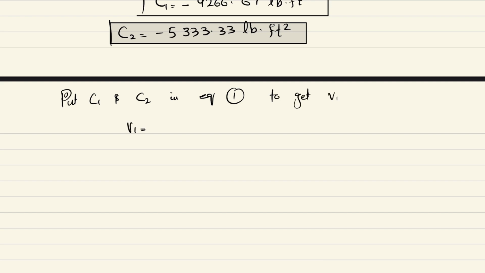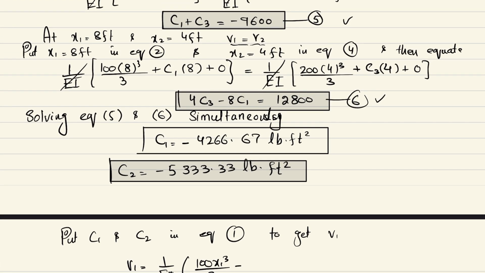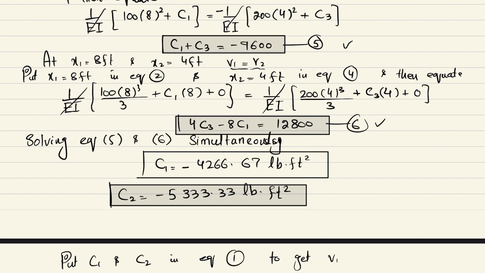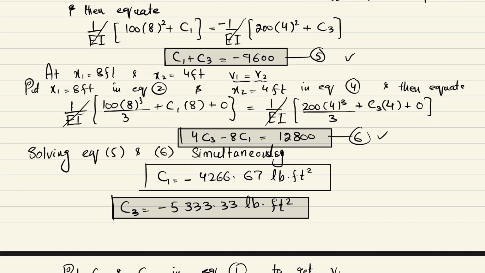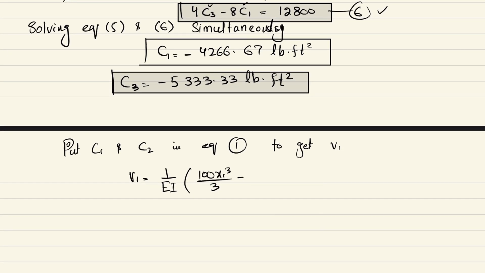So V1 will be equal to 1 over EI into 100 x1 cube over 3 minus, because you can see equation 5 and 6 are about C1 and C3, 4266.67 which is C1 into x1 plus C2, and C2 is equal to 0.